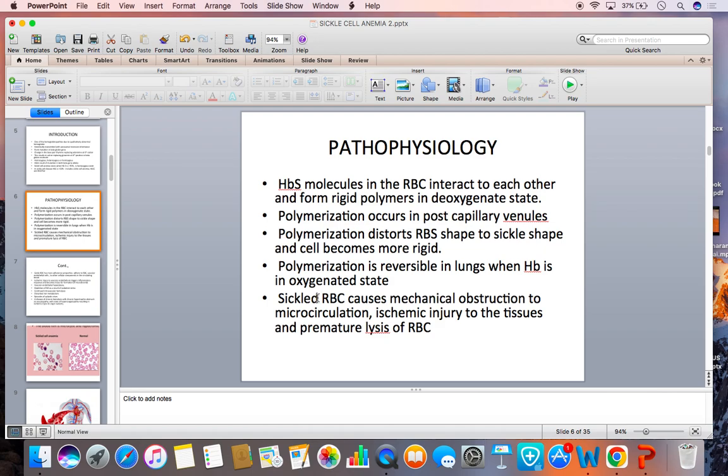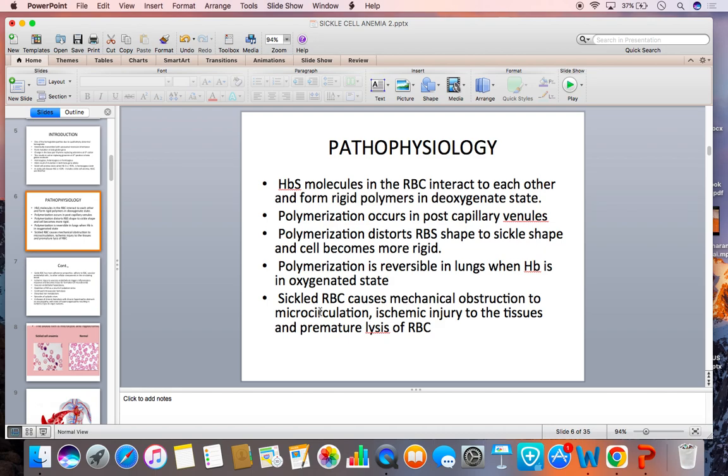But when this process continues, a stage comes when the sickling is irreversible. That leads to lysis of the RBC, resulting in hemolytic anemia.